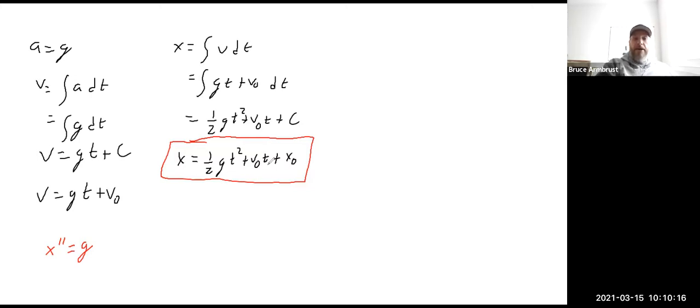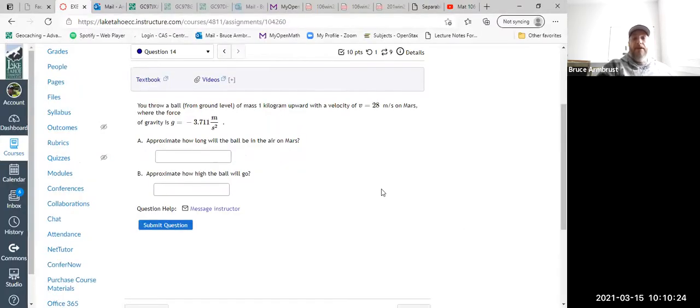So we also, though, need our initial conditions. So let's go back and see what it says. Right, so it says we throw a ball from ground level of mass 1 kilogram upward with velocity of v equals 28 meters per second with this gravity. So they just gave us numbers for everything.